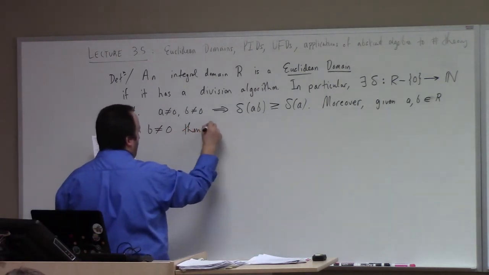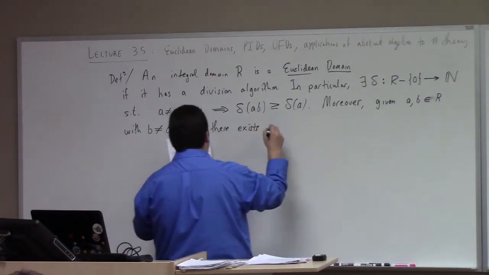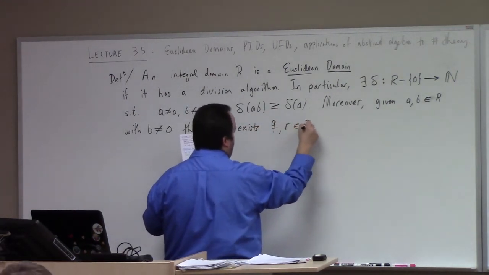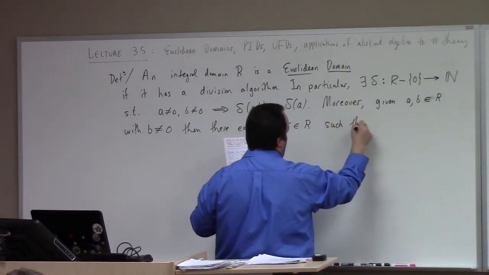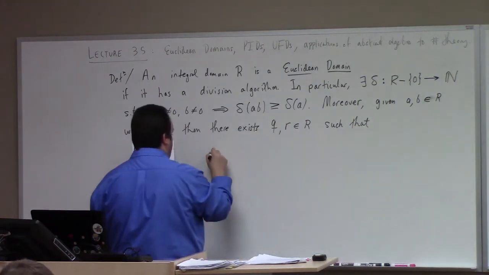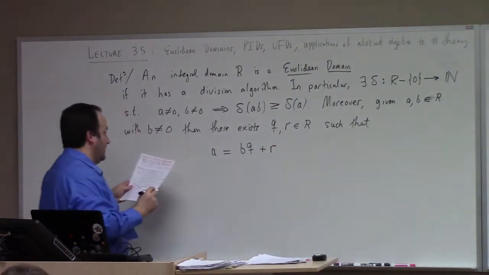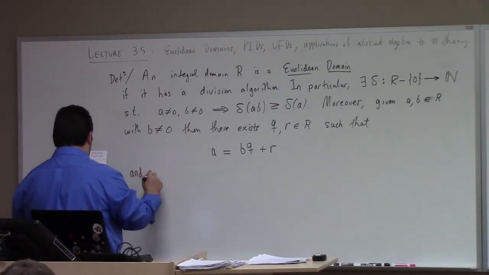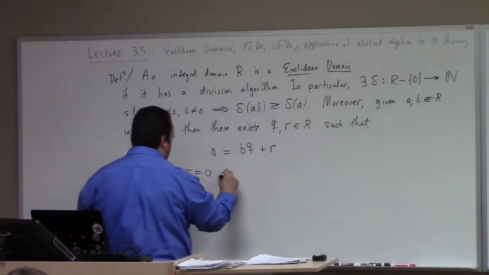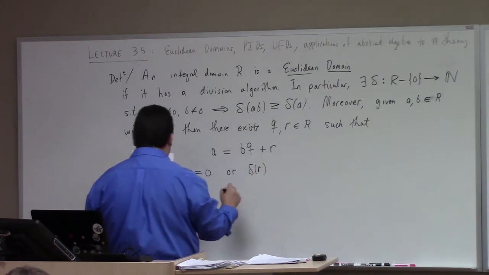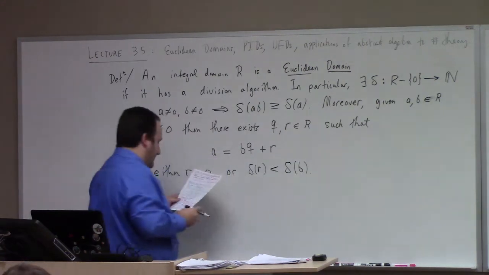Then there exists Q and R in the ring such that A is equal to BQ plus R, right? And either R is equal to 0 or the divisor function of R is less than the divisor function of B. Right?